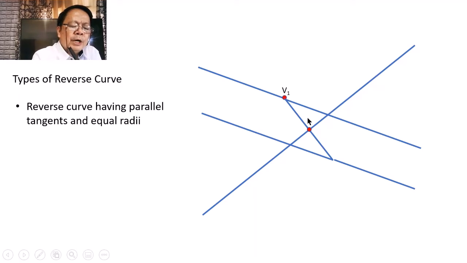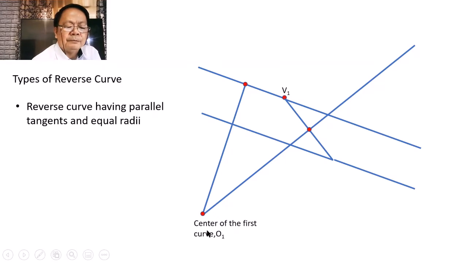And from V sub 1, we draw a line and we try to measure a distance equal to the tangent distance also. And from here, we draw a perpendicular line so that you have here what we call the center of the first curvature. So we have here the center of the first curve.